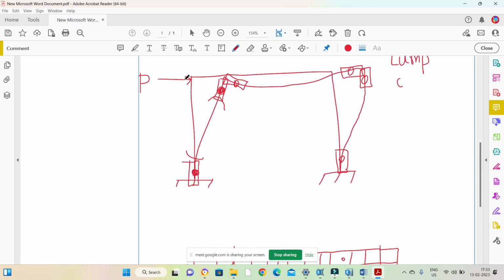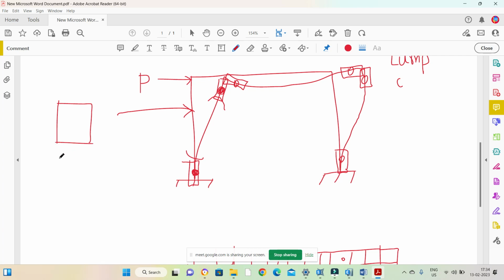For example, if we are considering this column, let's say the property of this column is a 400 by 400 section, and you have reinforcement of 2 bars at top and 2 bars at bottom.